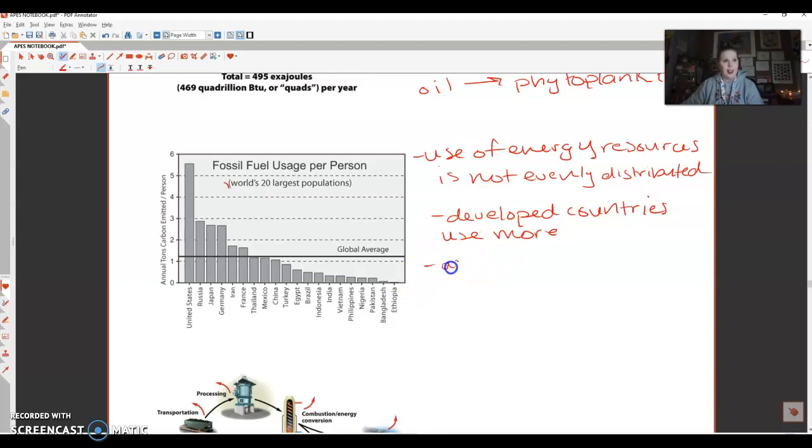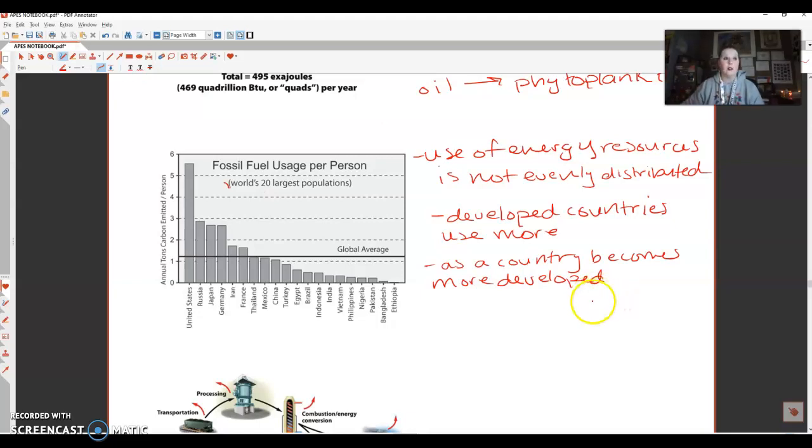Now, as a country, this is a big point right here, guys. As a country becomes more developed, think about that demographic transition model where you move from a developing to a developed country, okay? So as a country becomes more developed, they become more dependent on fossil fuels.